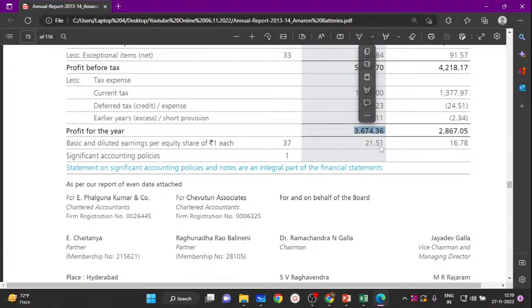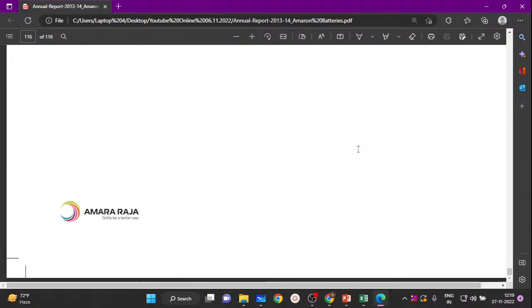This is in million figures, so the actual profit is 367 crore or 286.7 crore. Now out of this profit, how are they bifurcating it, how are they going to bring this amount into the balance sheet? I will show you.